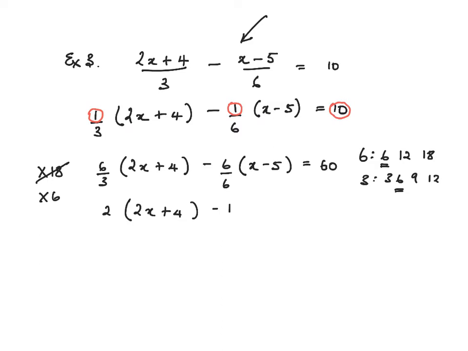That gives us a 1. Expand the bracket, 2 times 2x is 4x, 2 times 4 is 8. Now here's where we've got to be careful. Minus 1 times x is minus 1x, or minus x. Minus 1 times minus 5 is a plus 5.